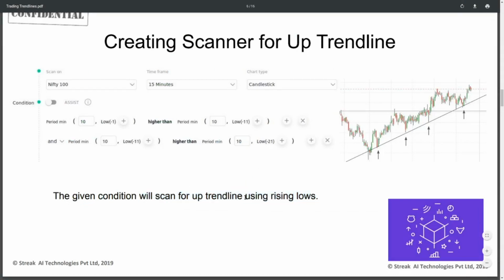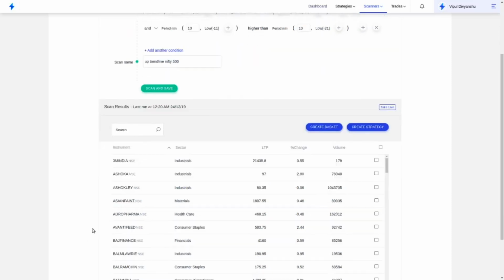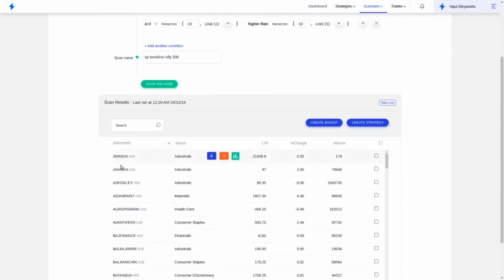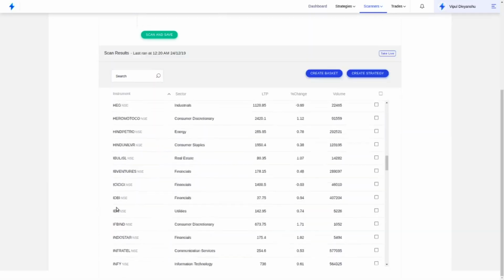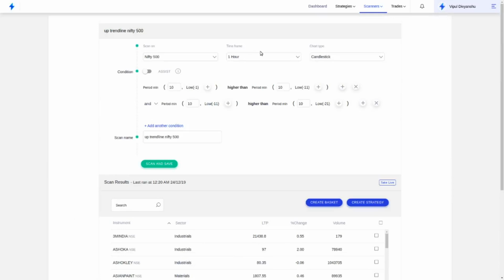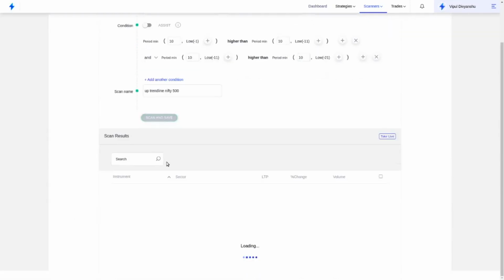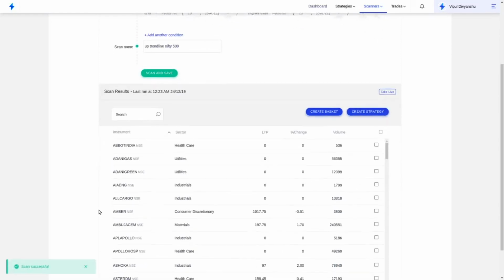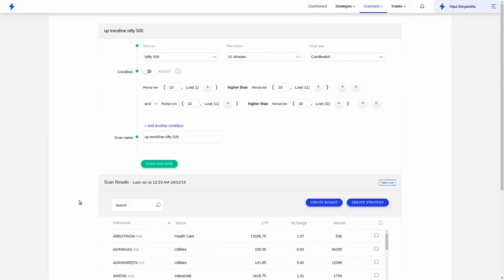So using rising lows, we can identify where an uptrend line is being formed. With Streak scanner, it becomes very easy to identify those kinds of stocks. Out of 500 stocks, quite a few have been scanned on an hourly candle. We can also do the same thing on a 15-minute chart. Just change the time frame and run the scan, and you get a different set of stocks showing a rising uptrend on a 15-minute time frame.